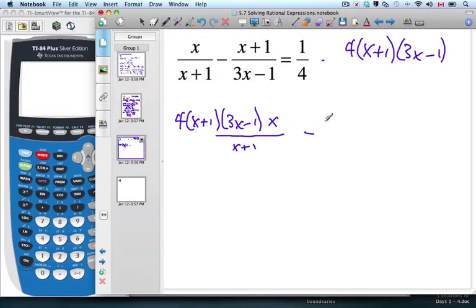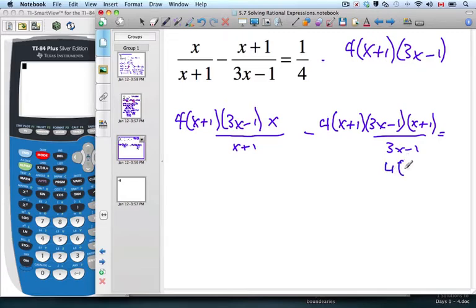Minus, dreaded minus signs, be careful there, 4 times x plus 1 times 3x minus 1 times the x plus 1, and that's over 3x minus 1, which equals 1 over 4, so 4 times x plus 1 times 3x minus 1, times the 1 over 4.